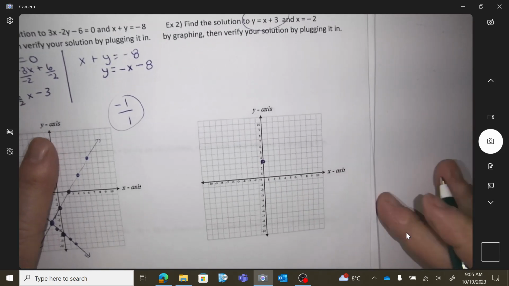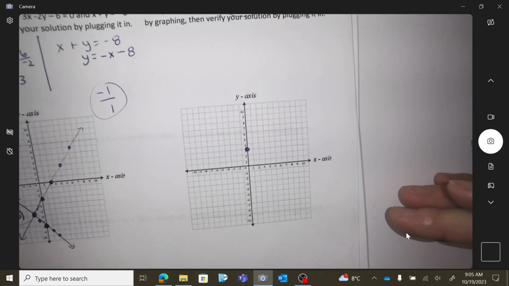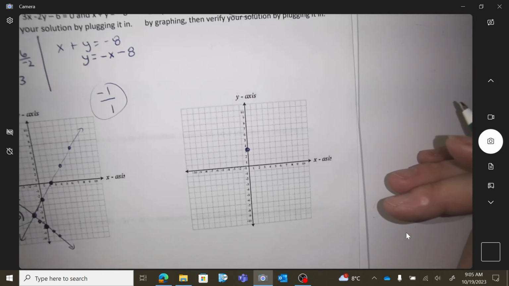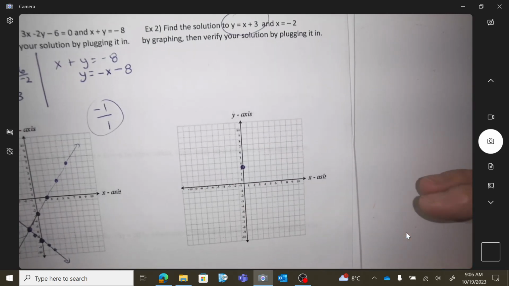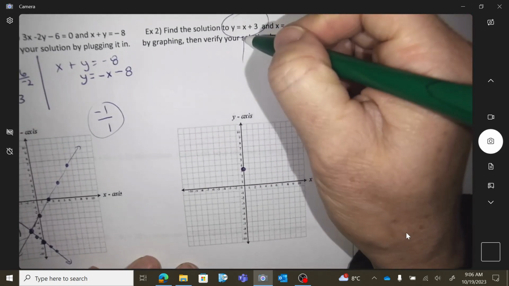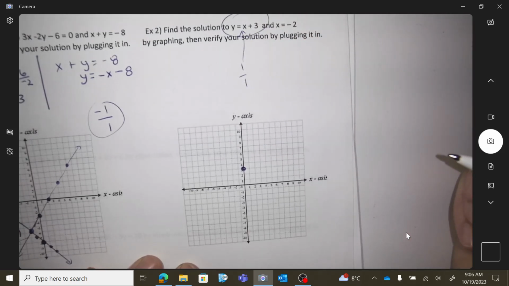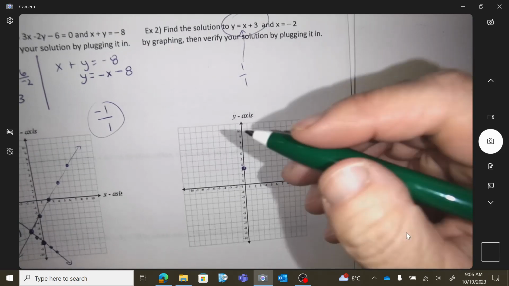Okay, the next one, y equals x plus 3, that's actually ready to go. So 3 is the y-intercept. And then the slope is 1. So 1 over 1. So I would be going on a staircase, up 1 over 1, up 1 over 1.